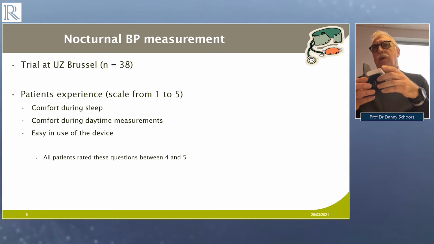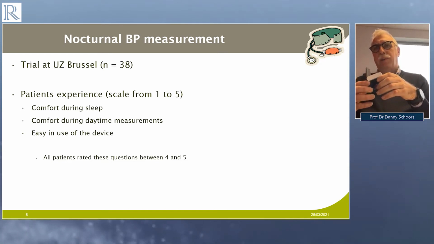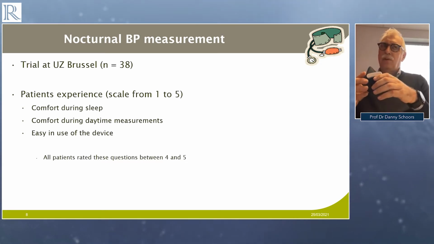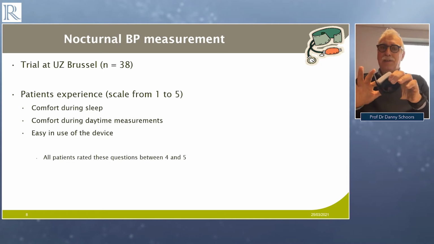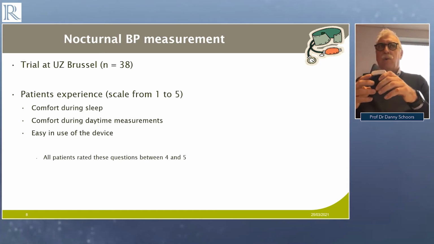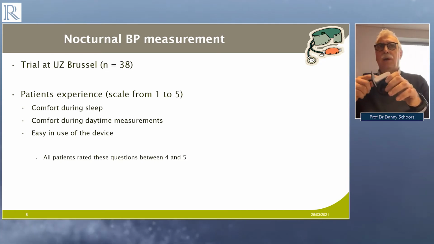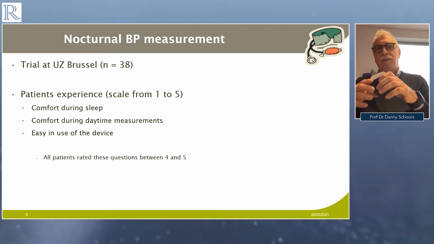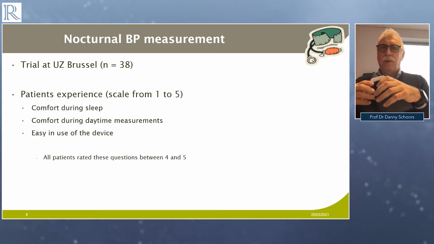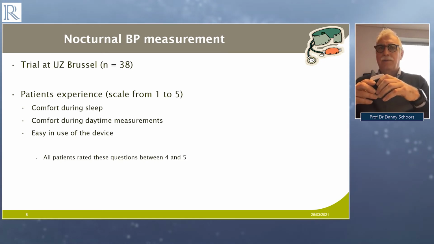Now, I correlated it with the blood pressure you measure during the day, and there's a clear correlation between this device and the measurements you do yourself. There's also a clear relation between these data and the home blood pressure registration. And I also correlated in some patients with a classic 24-hour device, and there is a clear correlation between these data and the classic 24-hour device.